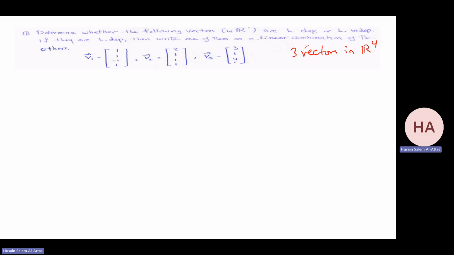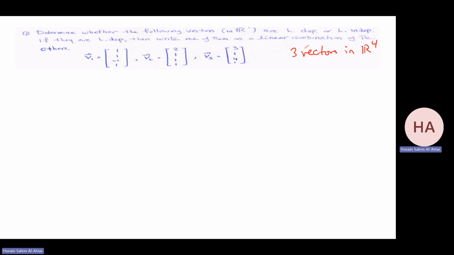That means the number of vectors is less than n.